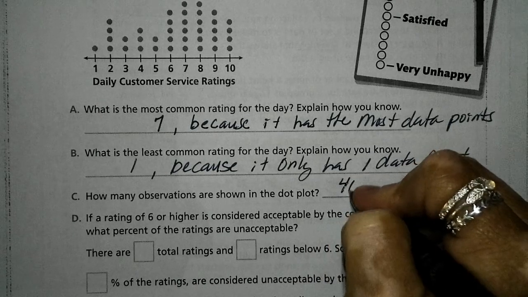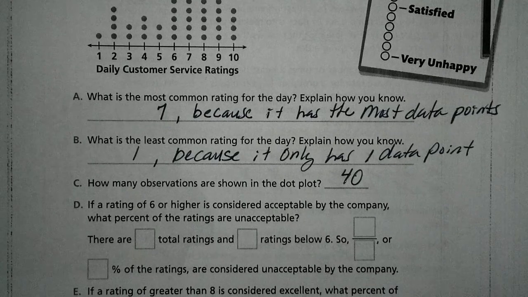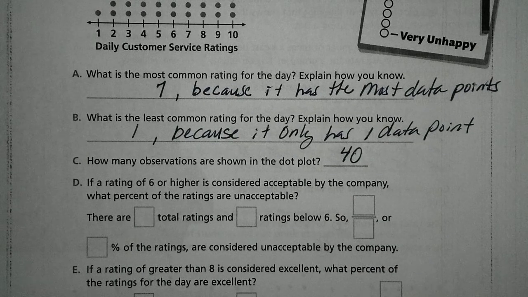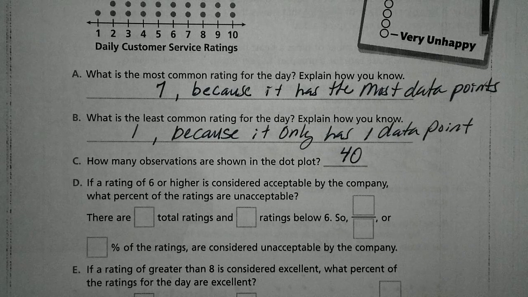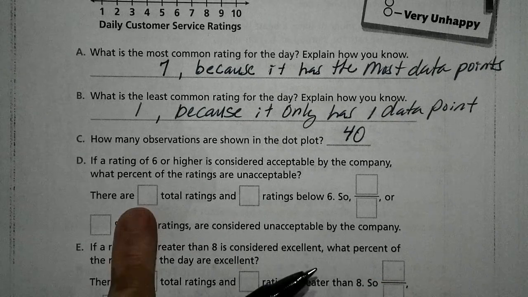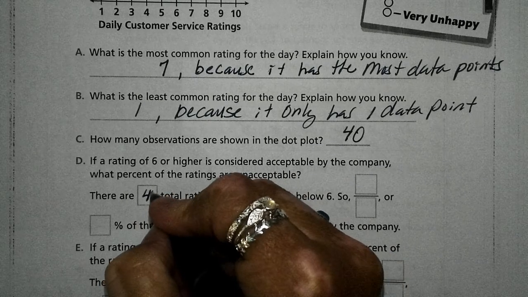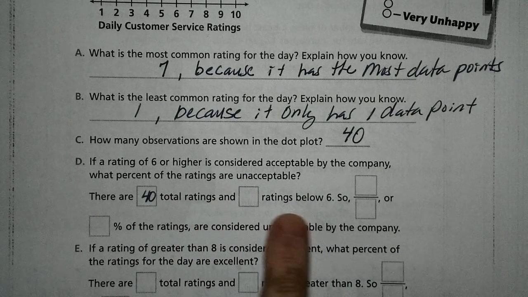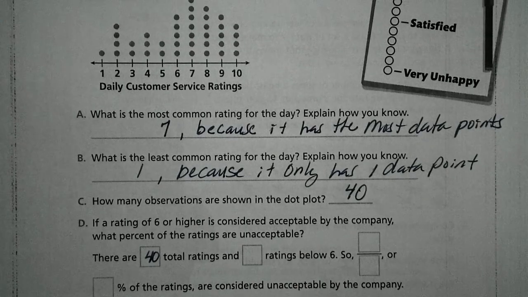Thank you. All right. So if a rating of 6 or higher is considered acceptable by the company, what percent of ratings are unacceptable? So we know there are 40 total ratings, and how many ratings are below 6?